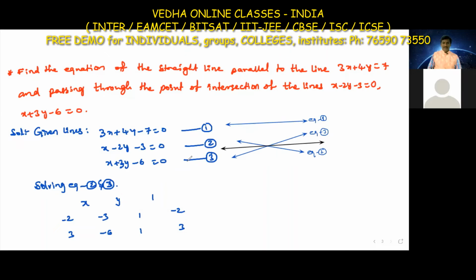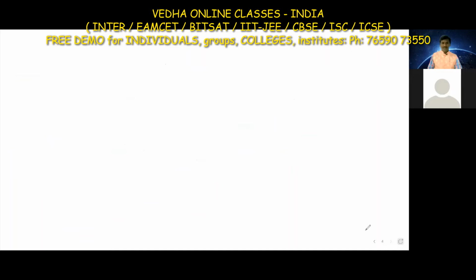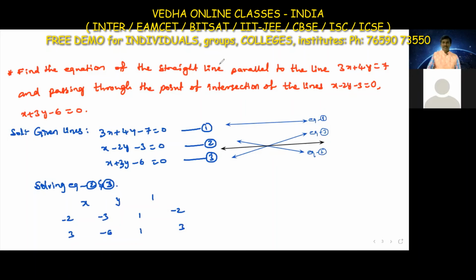Here x divided by the AD minus BC concept we are going to apply: we multiply the product of these two minus the product of these two, and the same thing for each term.